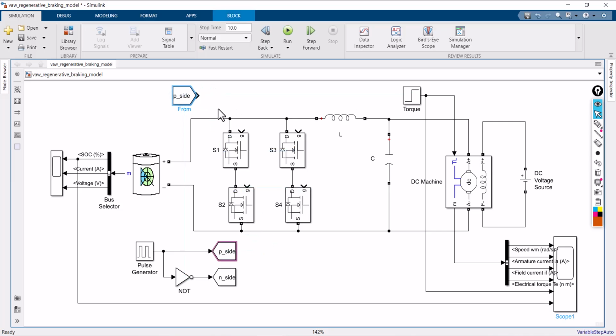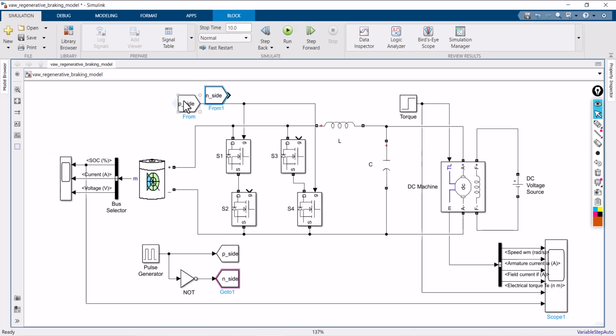The corresponding From tag is connected with S1 and S4. Similarly, the corresponding other From tag is connected with S3 and S2.